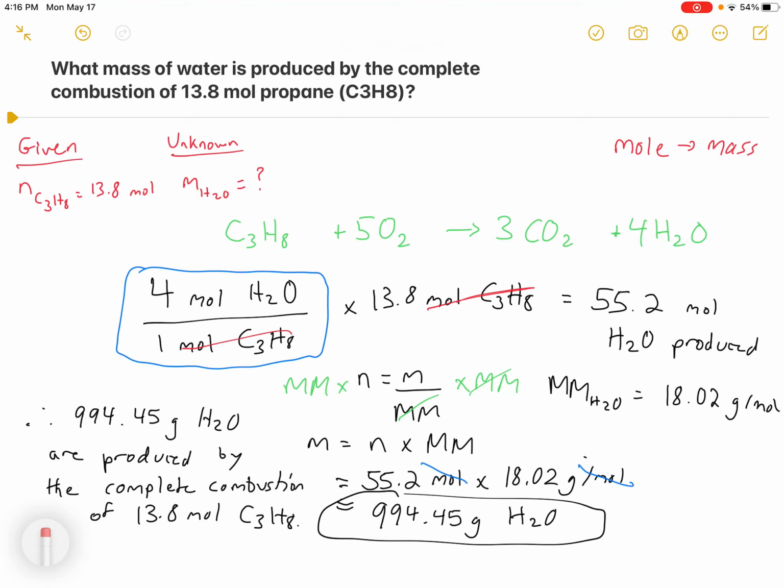And then we use an equation we had previously seen relating moles to mass and molar mass, rearranged it using algebra to determine the mass of water that was produced. So that was an example of mole to mass. We will also be seeing examples of mass to mole problems and mass to mass problems.